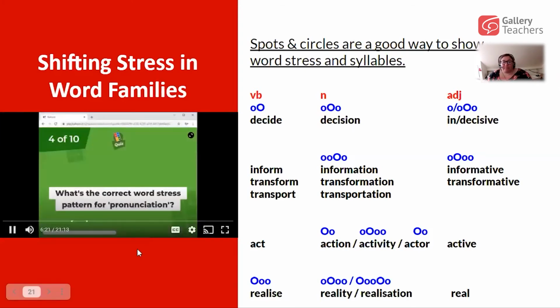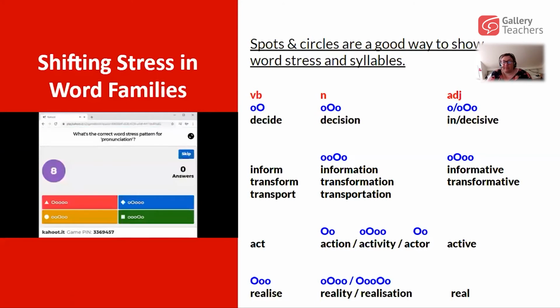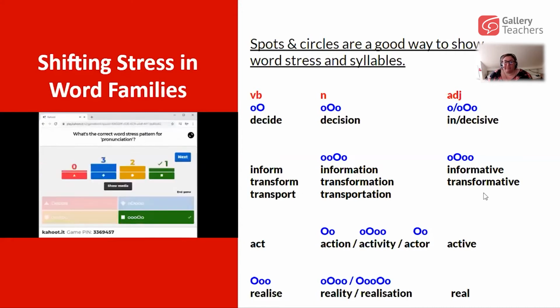How about this one, word stress? Do you remember the word stress patterns we looked at? Green. All kinds of answers there. How do we say the word pronunciation? Oh, no, not green, sorry. How do we say it? Pronunciation. So it should be on the fourth one. Yeah, 4 of 5. Pronunciation. Yes. Lovely.